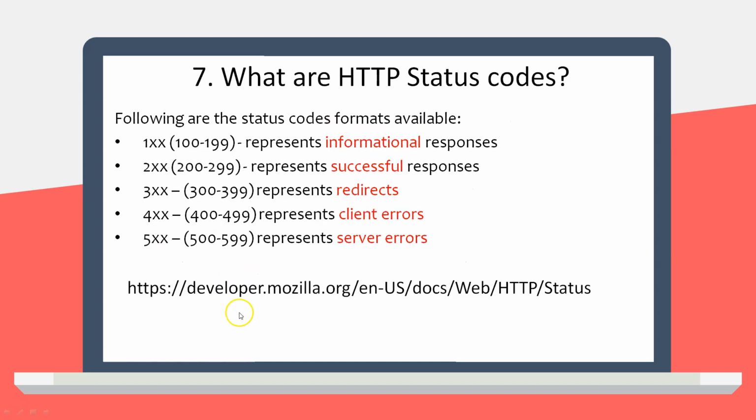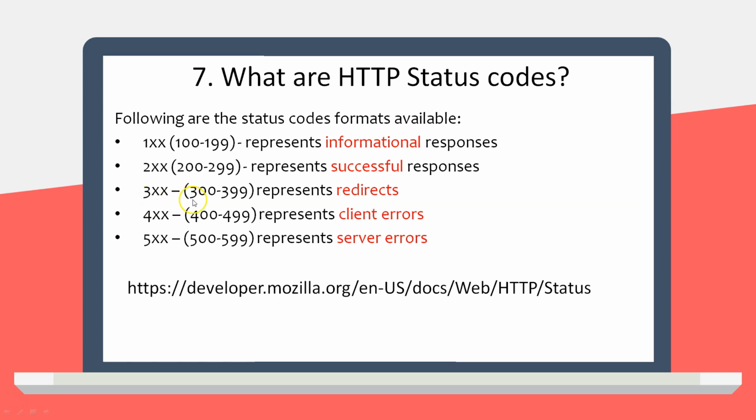Okay, let's move. Next is, what are the HTTP status codes? Now guys, the very easy way to memorize the status codes is to memorize the sequence. Like for example, there is a sequence for 100, 200, 300, 400 and 500. Okay, 100 to 199, this particular series represents informational responses. Okay, 200 to 299 represents successful responses, like we have got 200, 201, 203, like that, right?